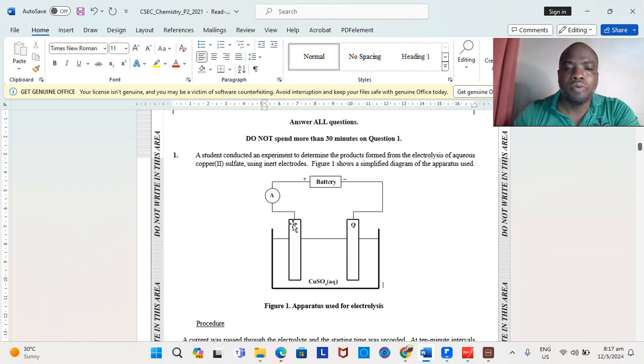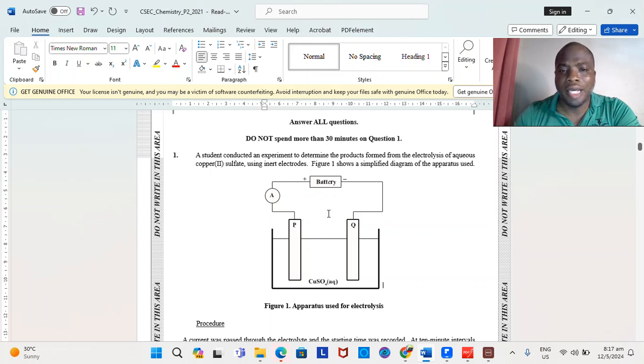So when you basically set up the circuit in such a way, one of the things that you want to be able to note is that from your power source or battery, it has both a positive and a negative side. Now, this is key in identifying the different electrodes that are present. We know we have two of them. We have the anode and we have the cathode.